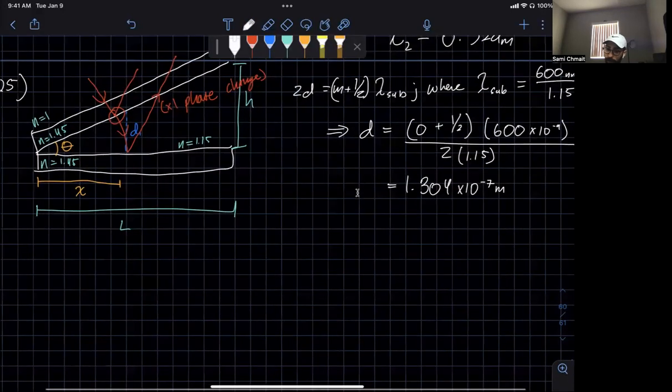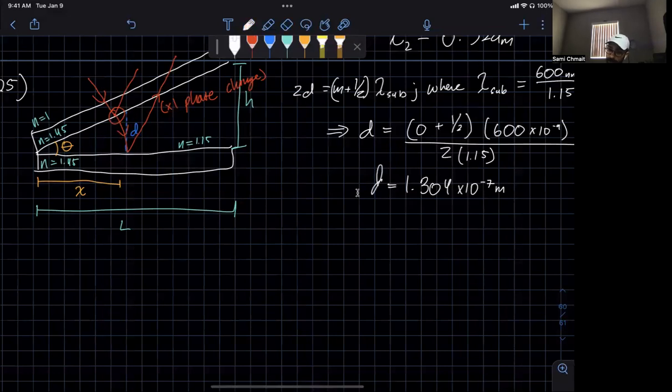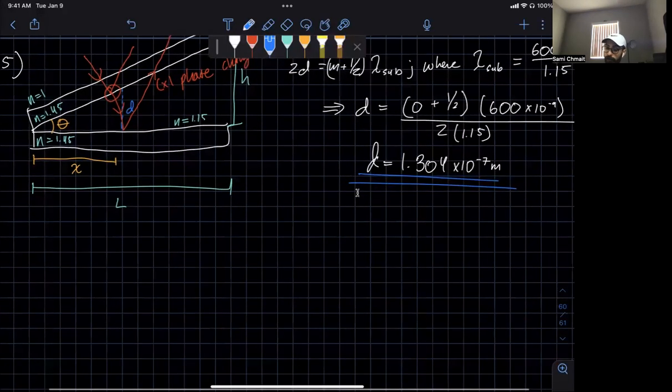Okay, so we solve for this d. I don't know why I called it d1, but d. So knowing d, we can now solve for that. Oh, I guess we didn't even need to worry about that theta. But I guess the idea that is important here is that they're the same triangles. So that principle still stands. Now we can solve for what x1 is, which is the unknown.